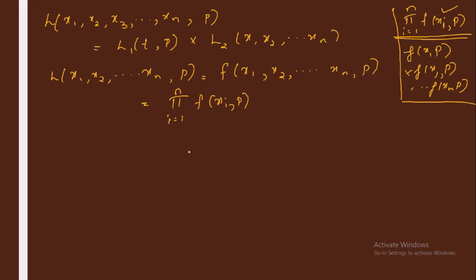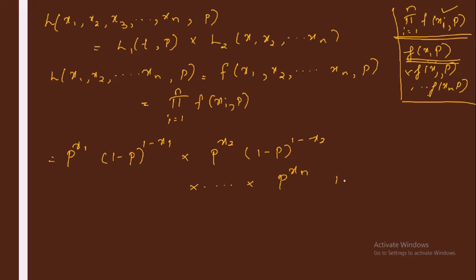Now we expand. What is f of x1, p? In this case it is p raised to x1 times 1 minus p raised to 1 minus x1, multiplied by p raised to x2 times 1 minus p raised to 1 minus x2, multiplied n times, up to p raised to xn times 1 minus p raised to 1 minus xn.